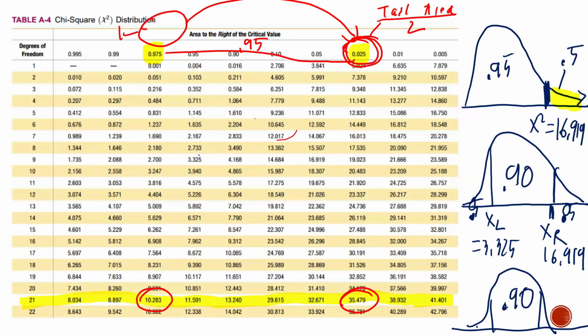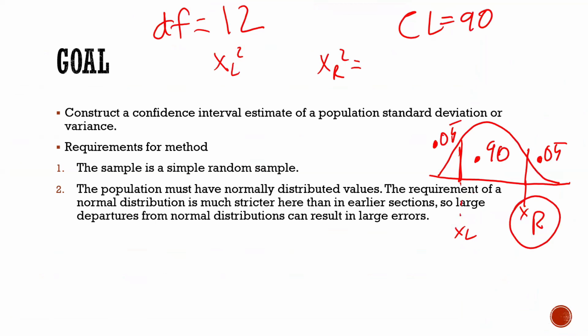You choose a different highlighter color because yellow is going to kind of blend in. So chi-squared R will have what percent to the right? You just told me. We'll have what percent of the area to the right of chi-squared R? 0.05, okay. And chi-squared L will have what percent of the area to the right?